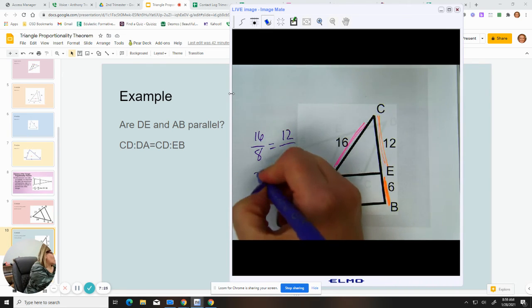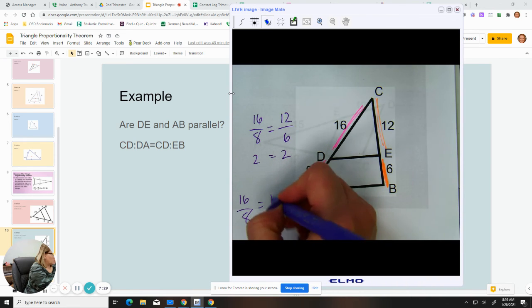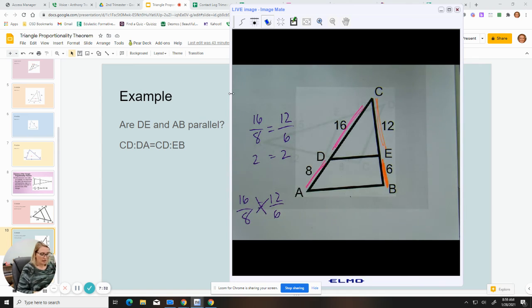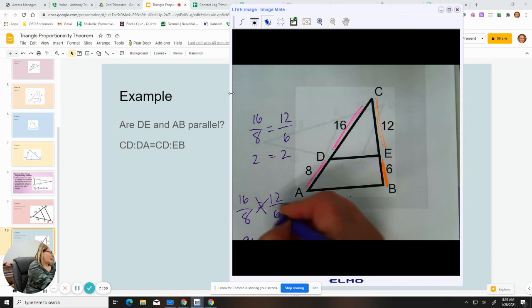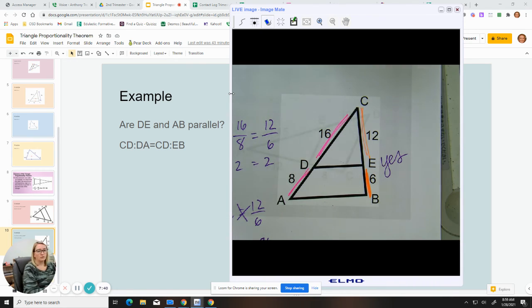Okay, you can see that this is 2 and this is 2, so you would already know. But if again, you want to cross multiply, you would see that 8 times 12 is 96 and 6 times 16 is 96. So yes, those are parallel. Okay.